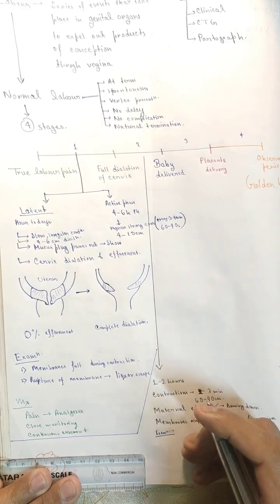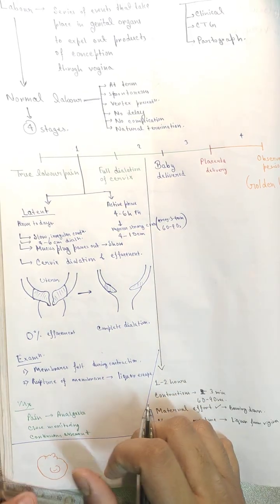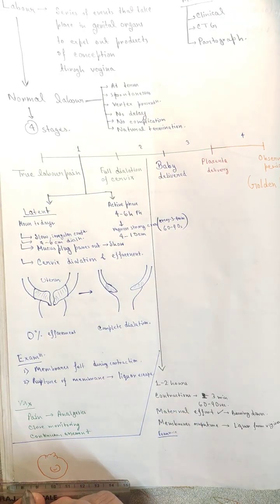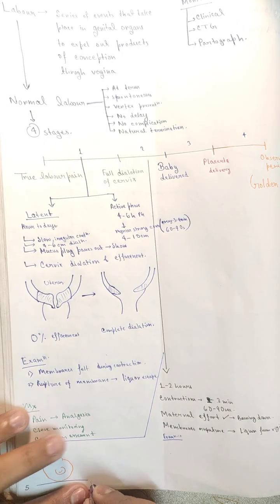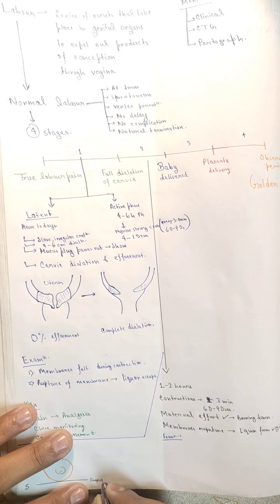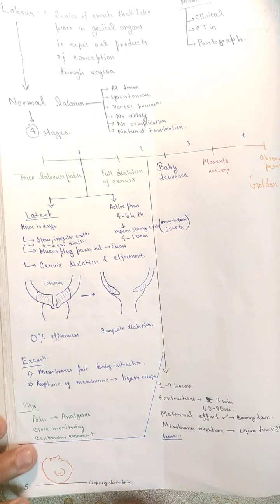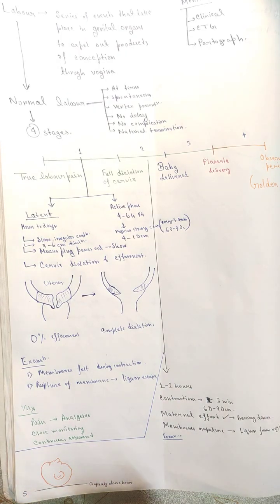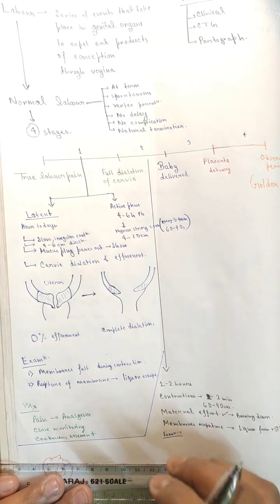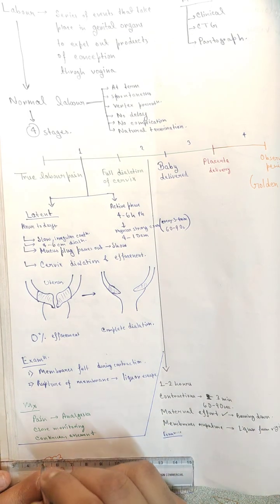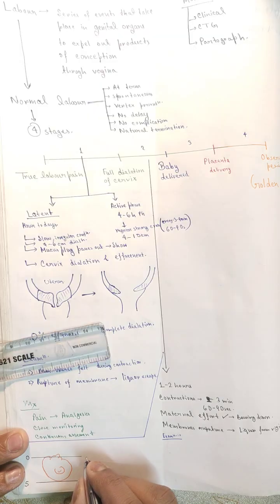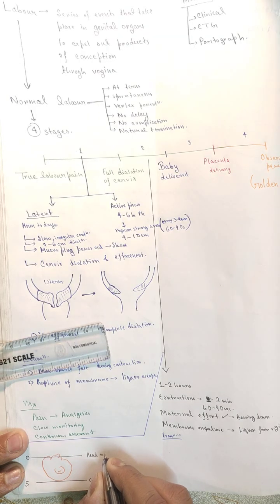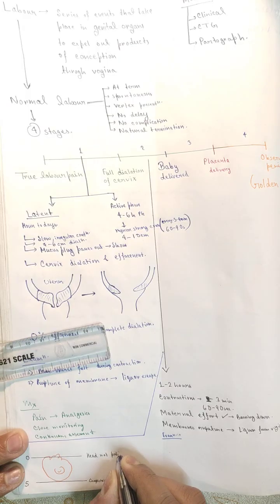So if this is the pelvis, then this is 5, completely above brim. Next we have 0 at the level of eyes and nose. Head not palpable.